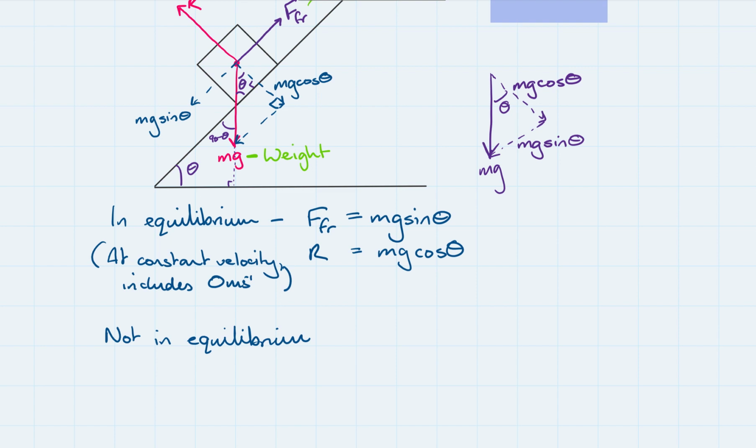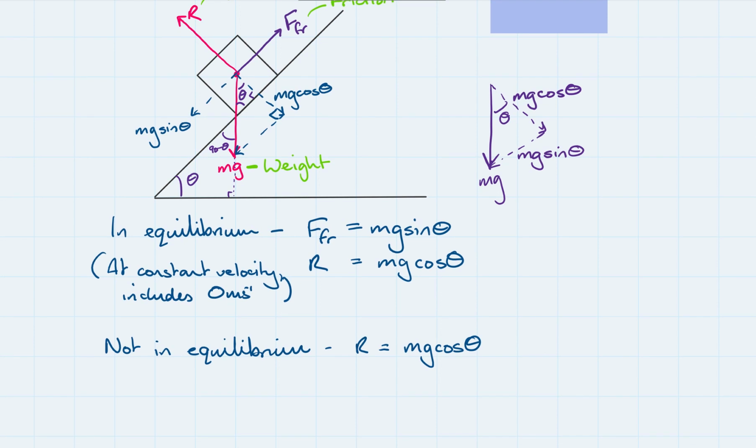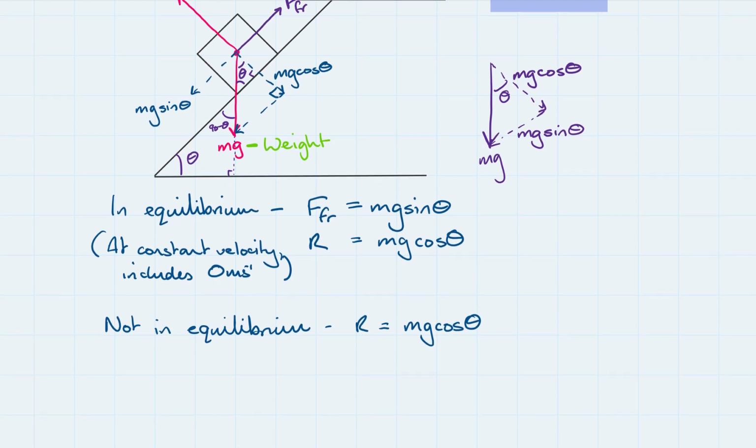So chances are R still equals mg cos theta, but it's likely that if I've got an acceleration, it's almost certain that it's going to slide down the slope if it's not in equilibrium, unless it was going up the slope and slowing down, but it's likely that the acceleration is going down the slope.